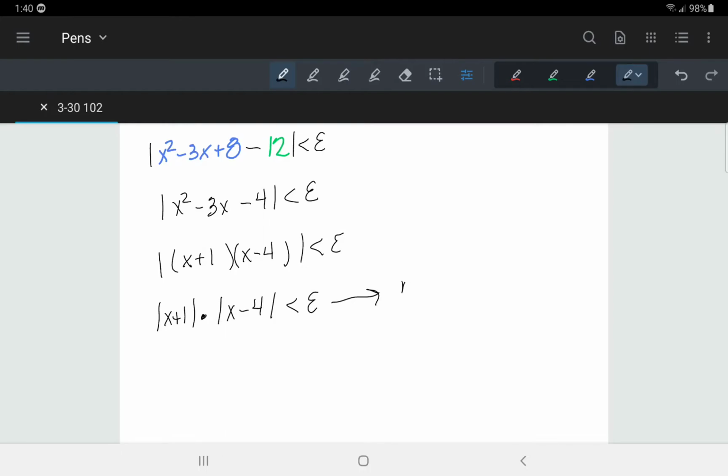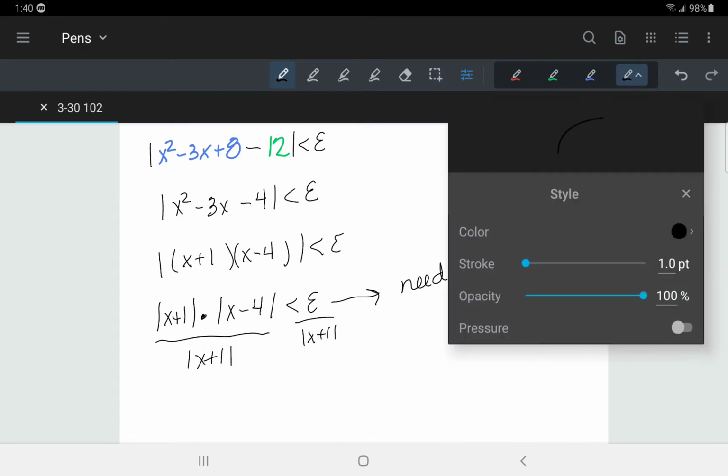And from here, what we're going to need for our proof is that we want the absolute value of x minus c to be less than delta. Now, c in this case, as we are given, is what x is approaching, and that is 4. So I can solve this inequality by dividing by the absolute value of x plus 1 on both sides.